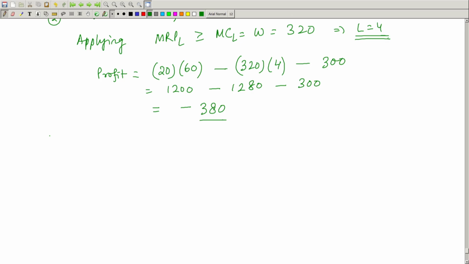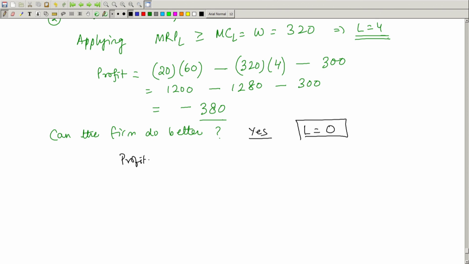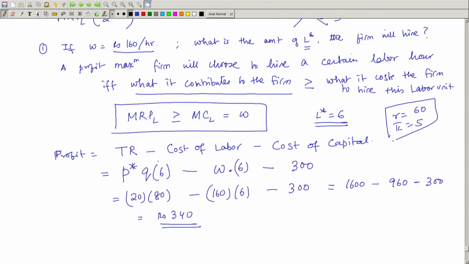Well, the question is, can the firm do better? And the answer is yes, by not hiring at all, which is to say that L is equal to 0. Suppose I decided that I do not want to hire at all, then what is the profit I would have made? Well, what is the revenue I would have earned?